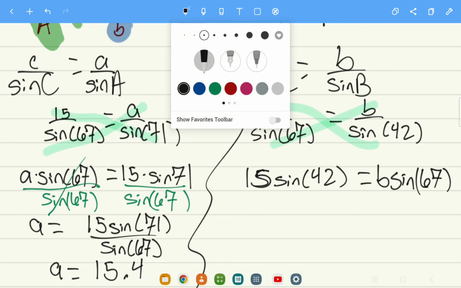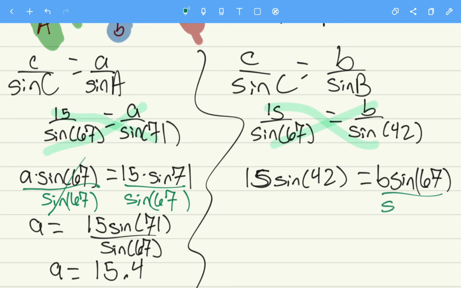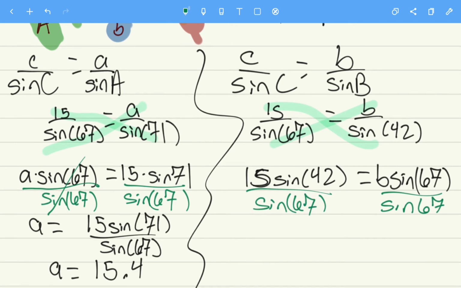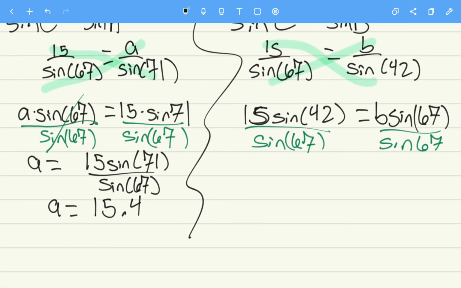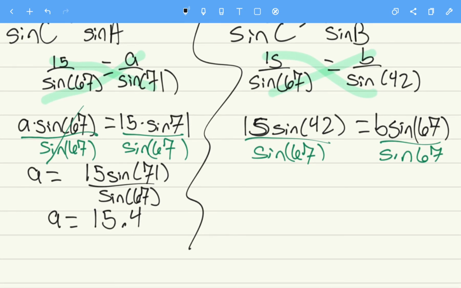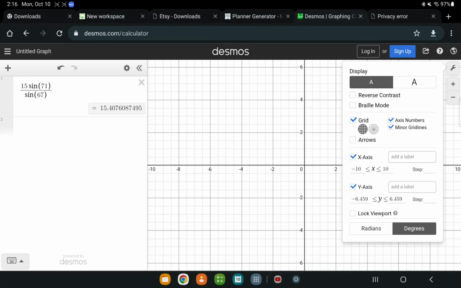Now I want to get rid of sine 67 to get B alone, so divide both sides by that. And we are left with 15 sine 42 over sine 67 equals B, which we can plug into our handy dandy calculator.